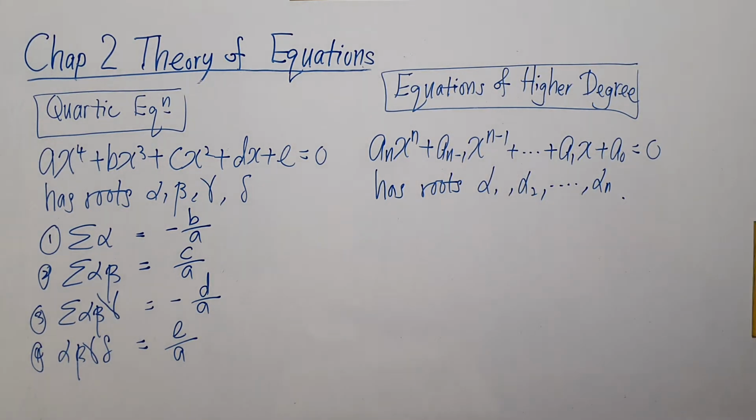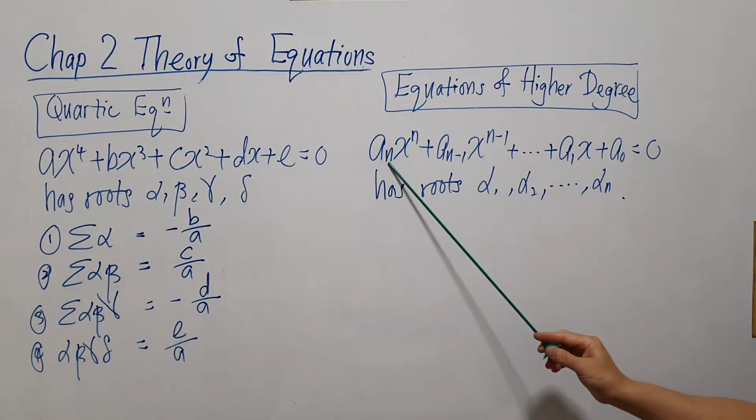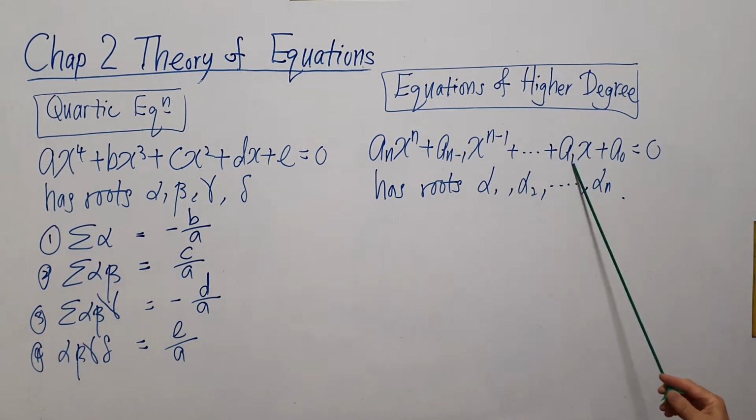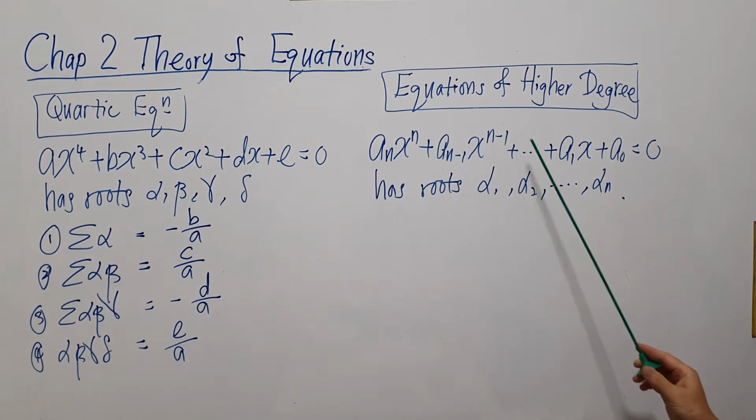Now we want to extend the same idea for degree n. Okay, in the case of degree n, written like this, these are the coefficients a subscript n, a subscript n minus 1, up to a1 and a0. And then these are the x^n, x^(n-1), and so on.